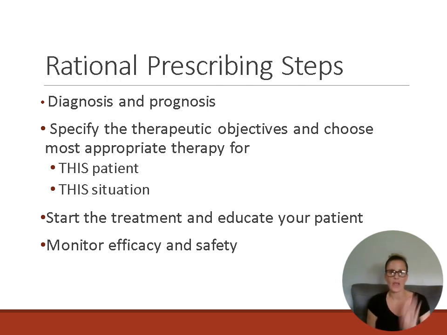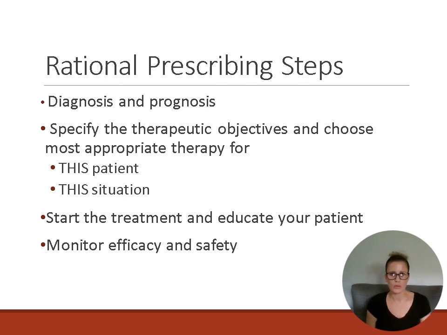Okay. All right. So first, diagnosis and prognosis. This is what I think we're treating. I've confirmed it with these tests. This is how I expect the patient to do long term. Next, you need to specify your therapeutic objectives or goals.